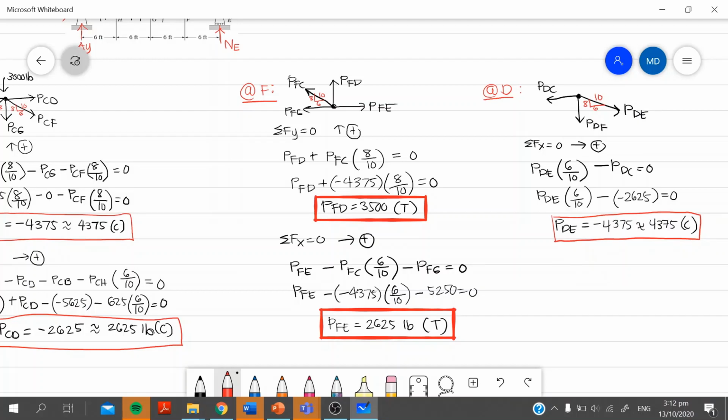Okay, so we will no longer sum up forces vertical because we already got force DF or FD.